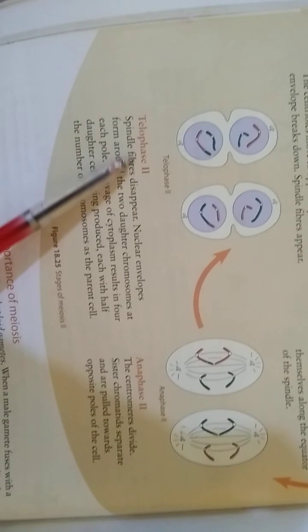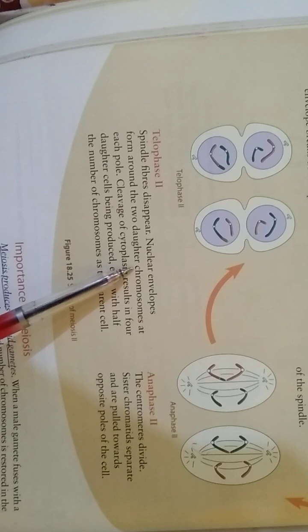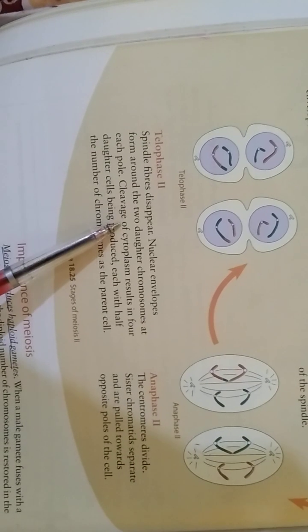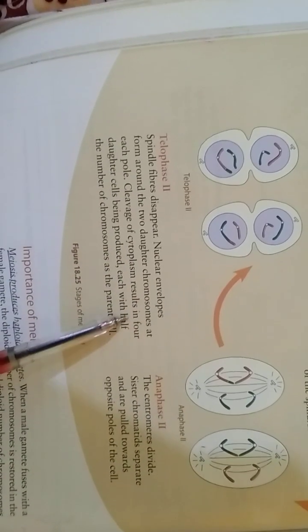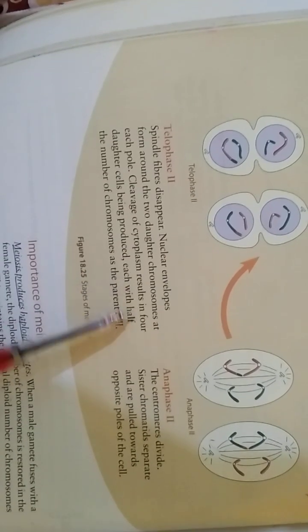Telophase 2. Spindle fibers disappear. Nuclear envelopes form around the daughter chromosomes at each pole. Cleavage of the cytoplasm results in four daughter cells being produced, each with half the number of chromosomes as the parent cell.